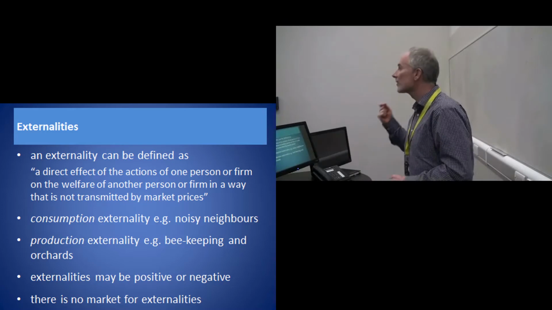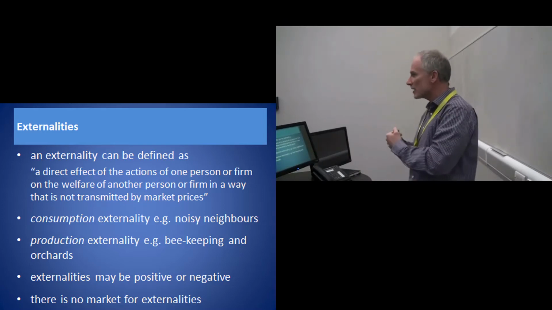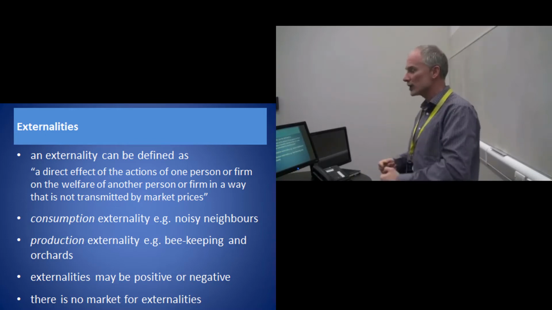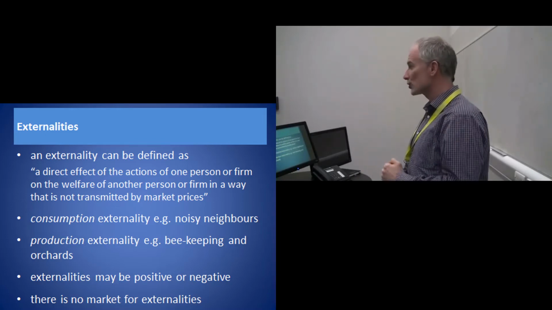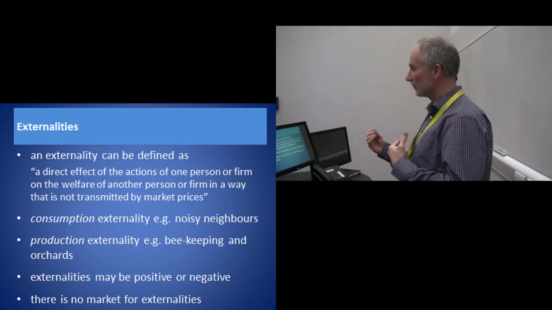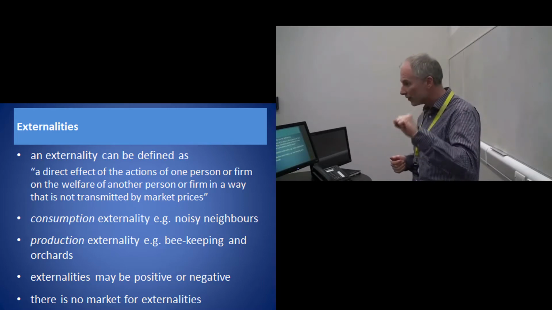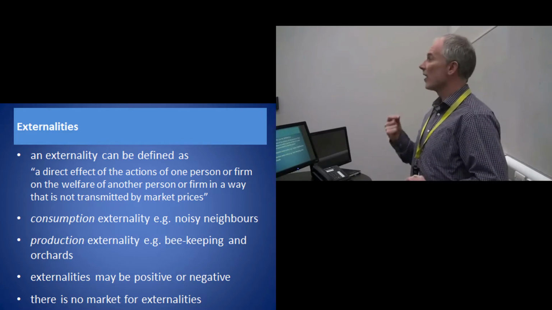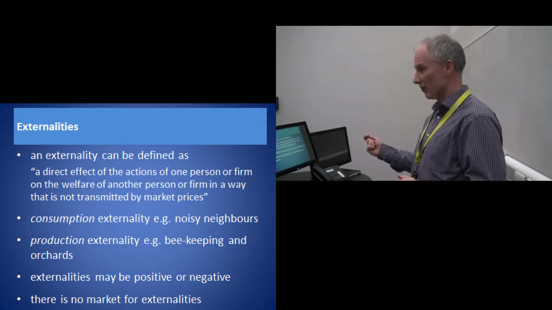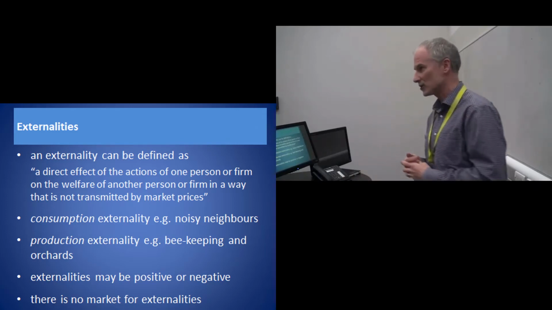They require the trees to be pollinated by bees. So very often you will see fruit orchards and beekeepers located next to each other. In this particular example, there are positive production externalities. The production possibilities of one firm are positively affected by another firm. So this is an example of a production externality.